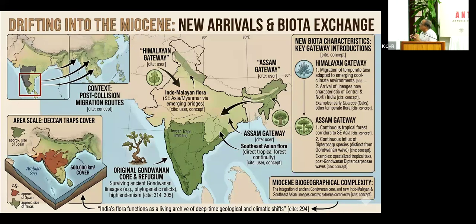So there are two major events: the first is the Gondwana movement, and the second is the Deccan trap and the transfer of species, both from the temperate Himalaya, that is the Chinese as well as Sino-Indian region, and from the Southeast Asian region, that has moved into the peninsular part of the country. So the peninsular flora has got a large influence of these three regions now. One is the original Gondwana, another is the temperate Himalayan, and the other is the tropical Southeast Asian Indo-Malayan region.